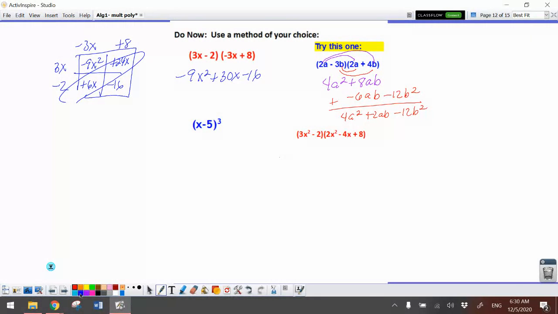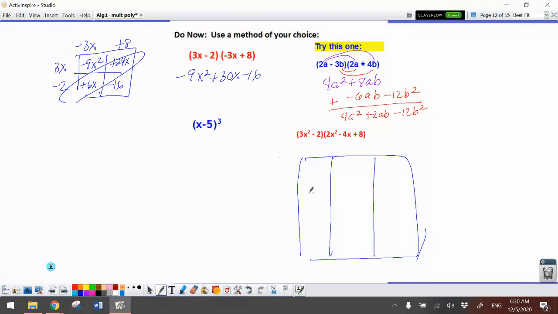Okay, let's go ahead and do this one using an area model. And I don't need 3, I just need 2. So 3x squared minus 2, 2x squared minus 4x plus 8.